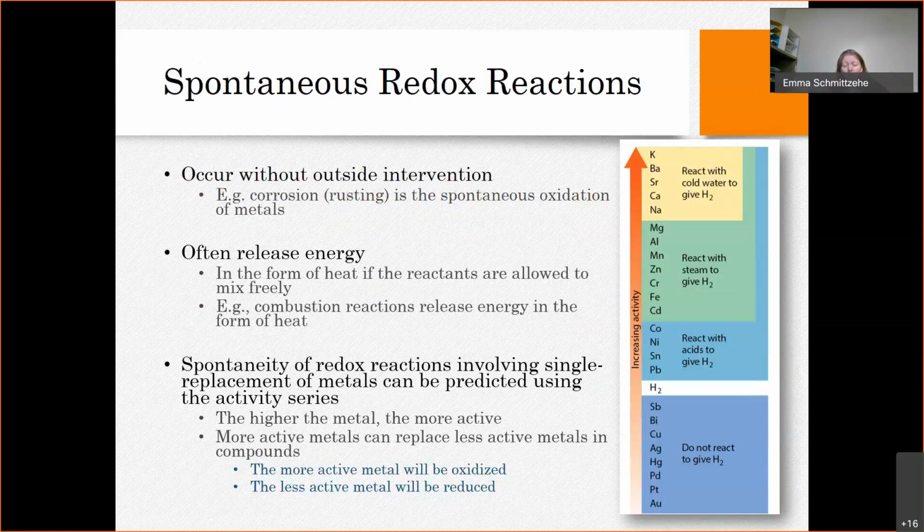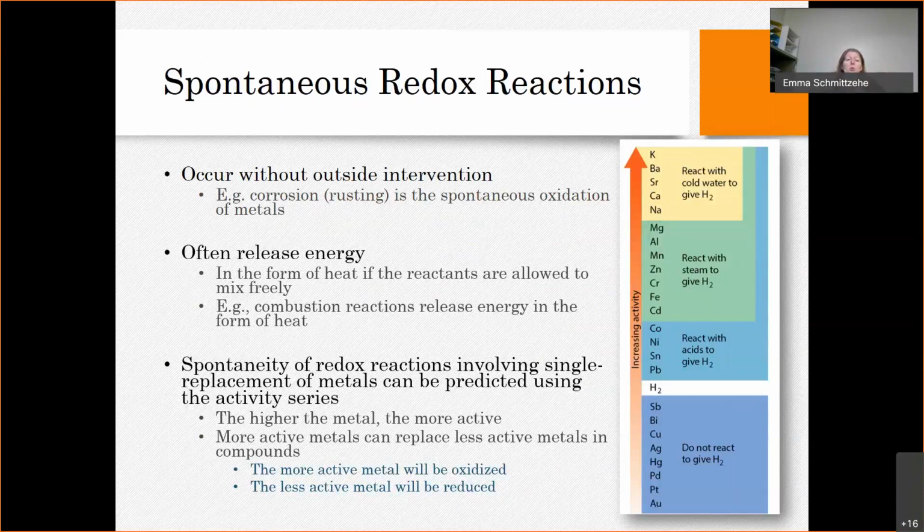And so when we talked about this before, remember that this activity series is listed in order of the most active to least active, okay? Now, it doesn't have every metal from the periodic table, but it has the ones that we're looking at, okay? So if something is higher up on that activity series, then that is capable of replacing anything lower down in a compound, okay?